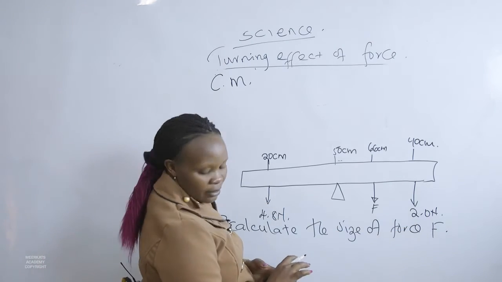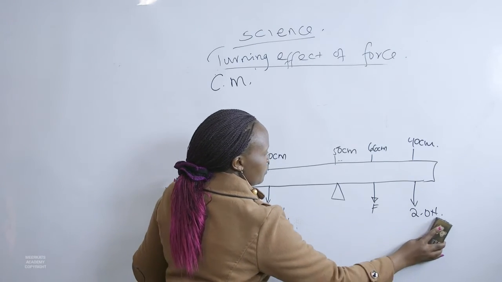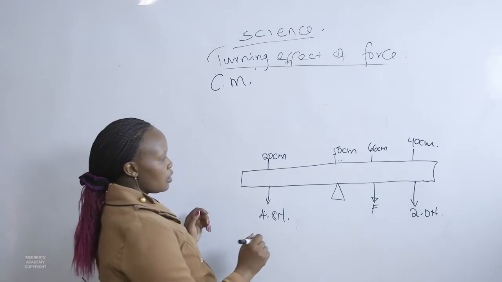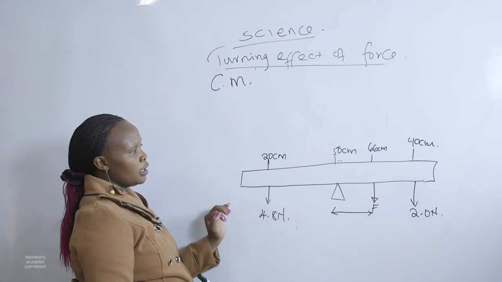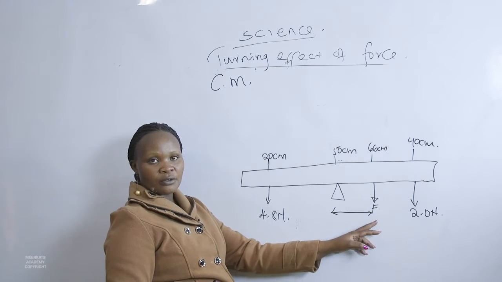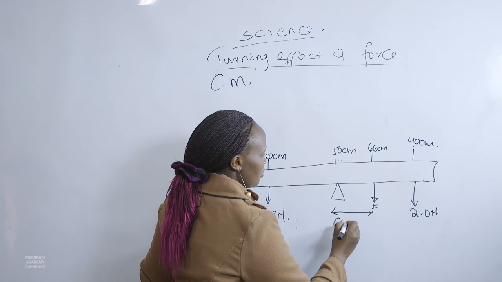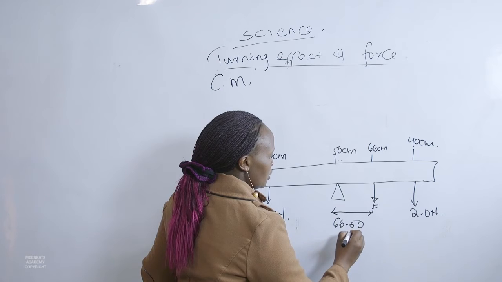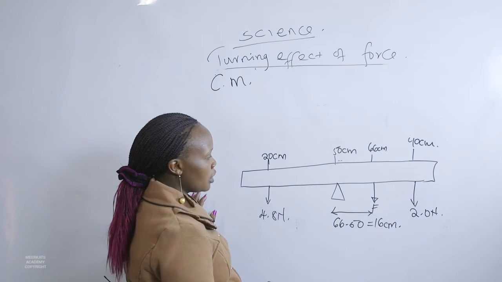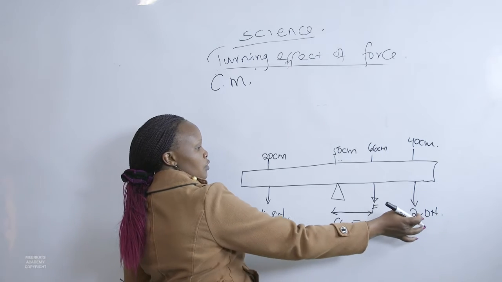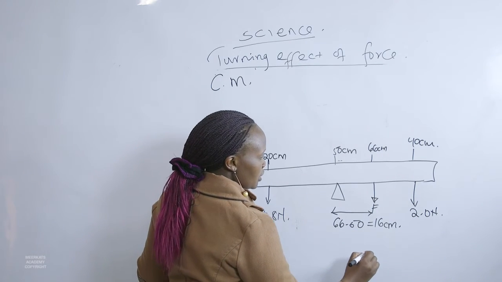For force F, the perpendicular distance between the fulcrum and its line of action is 66 minus 50, which gives us 16 centimeters.